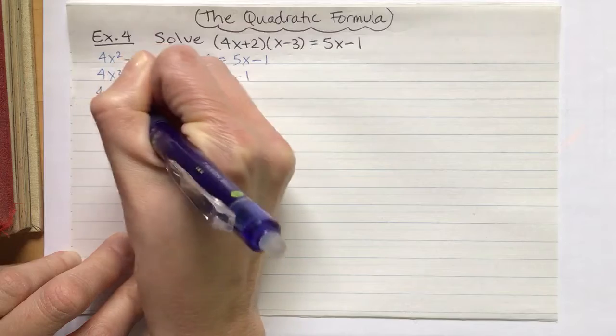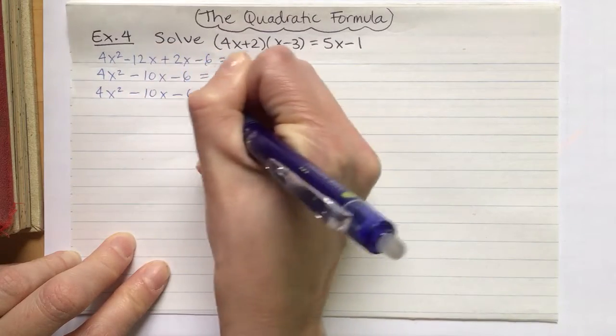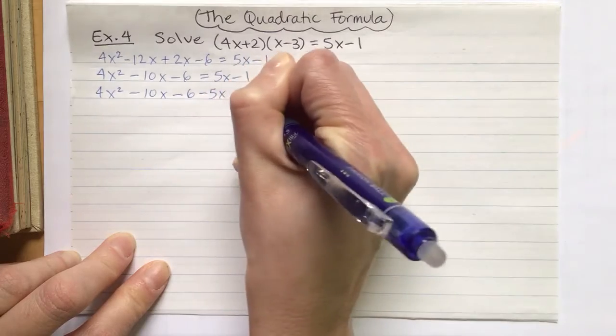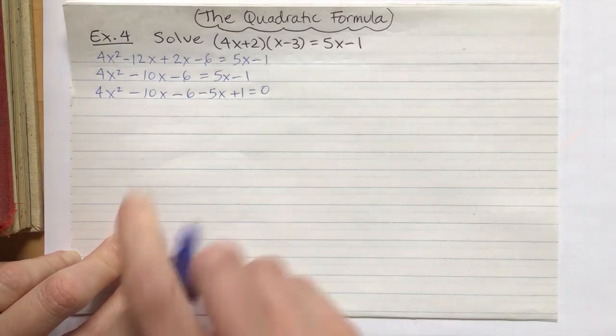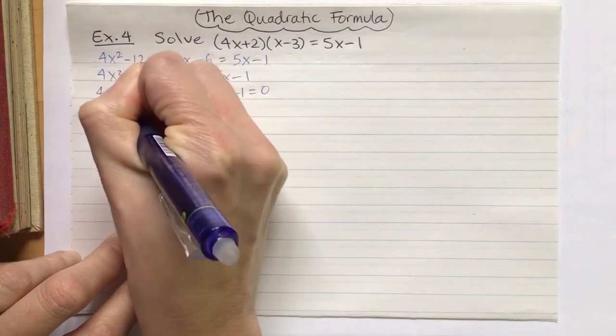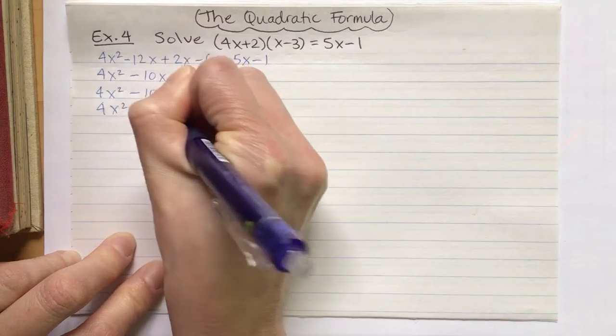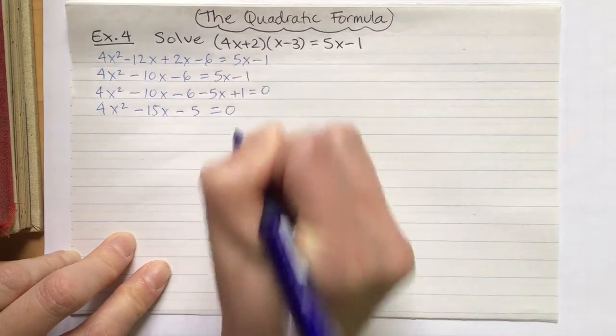We're going to bring over the 5x minus 1 and set that equal to 0. And lastly, we are going to collect our like terms. So we end up with 4x squared minus 15x minus 5, and that is equal to 0.